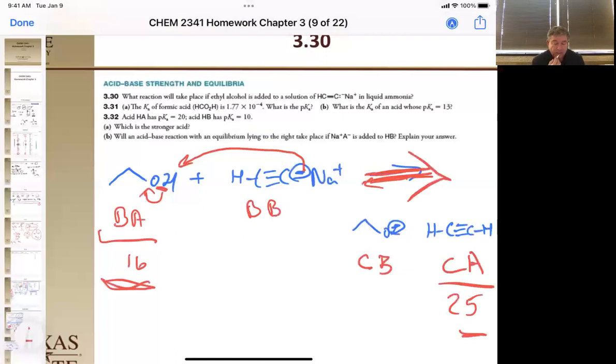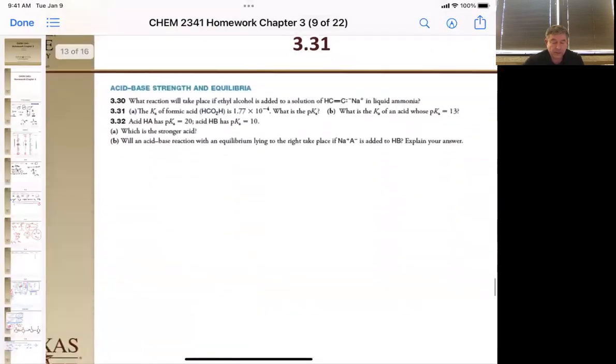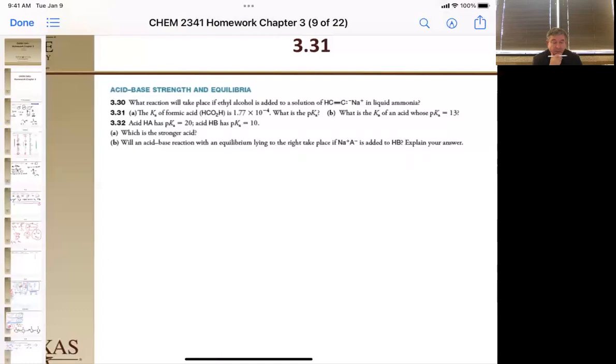Okay, let's see. The next question is 31. The Ka of formic acid is 1.77 times 10 to the minus 4. What is the pKa? Well, the simplest way to do it is to say the log is going to be pretty close to minus 4, because you take the exponent down.